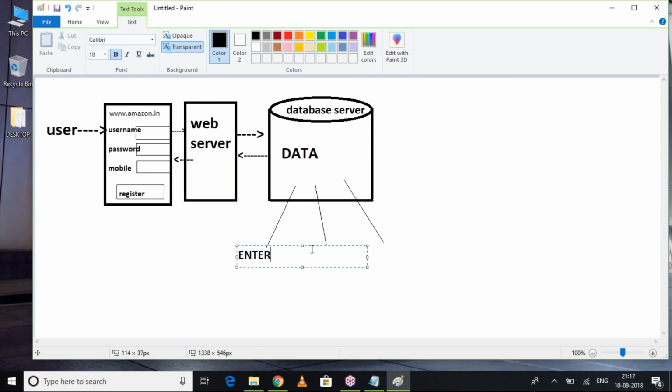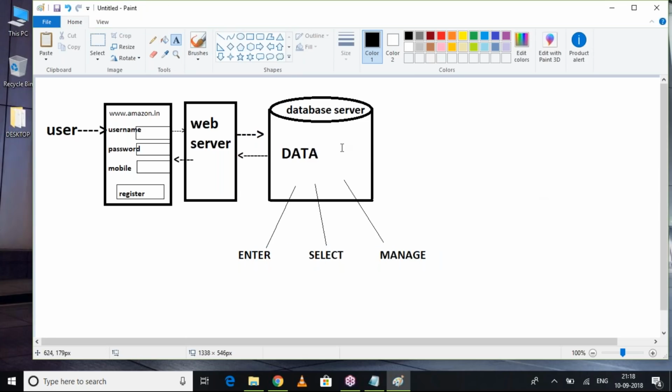Similarly, we can select data by using the database. What are the three major uses of database? Remember, we can enter data into the database.